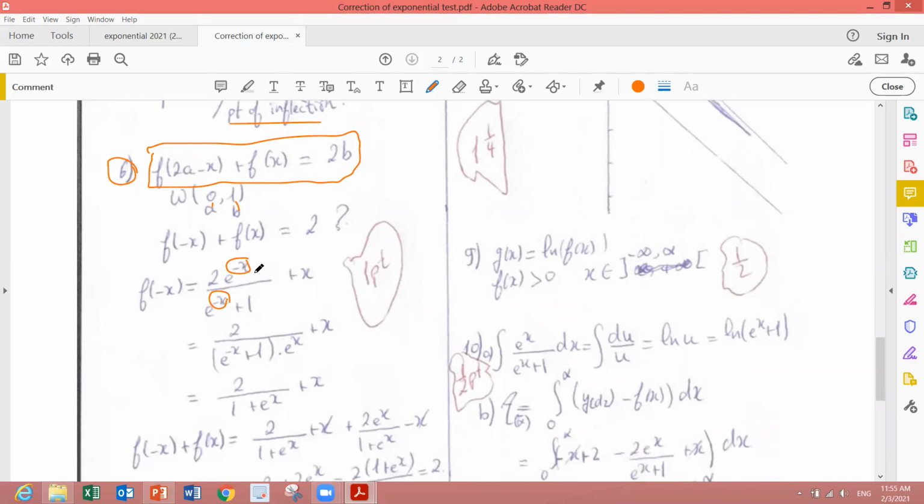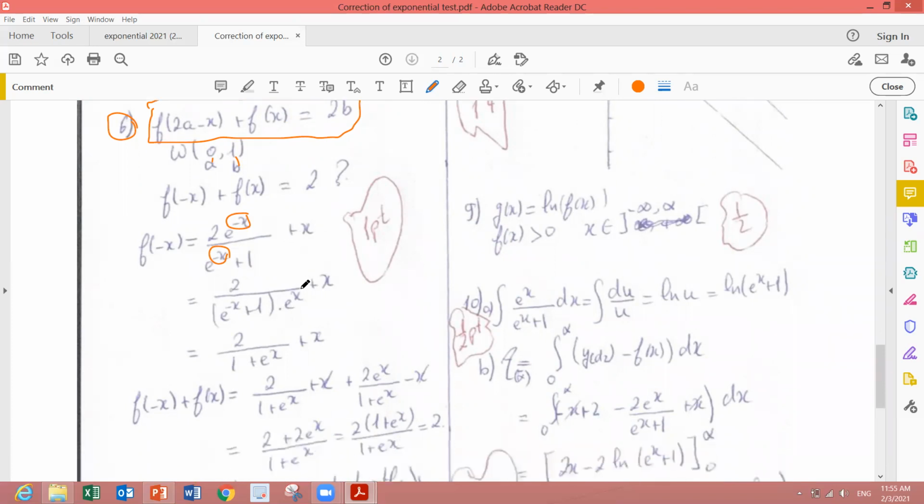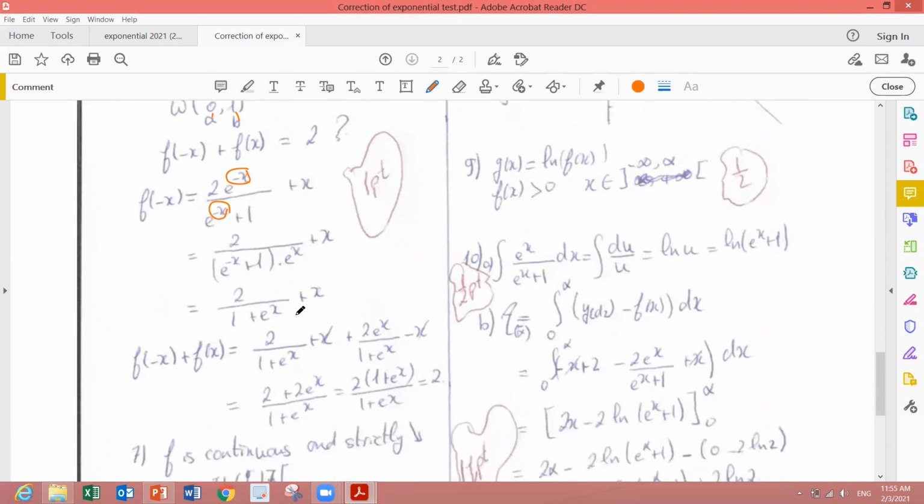The e to the minus x goes to the bottom, becoming times e to the x, plus x. Where it was minus x, we put plus x. As we said, the e goes down, we expand, and we get 2 e to the x times e to the minus x is 1, plus e to the x, plus x.